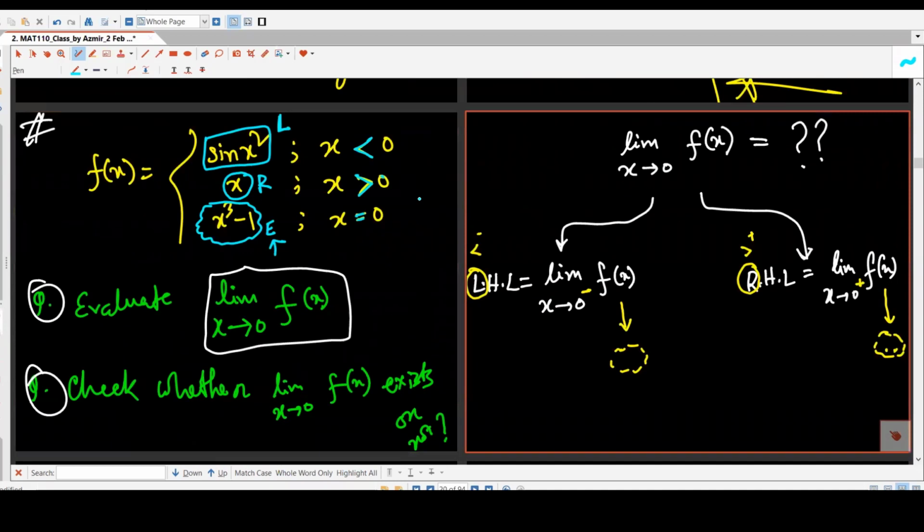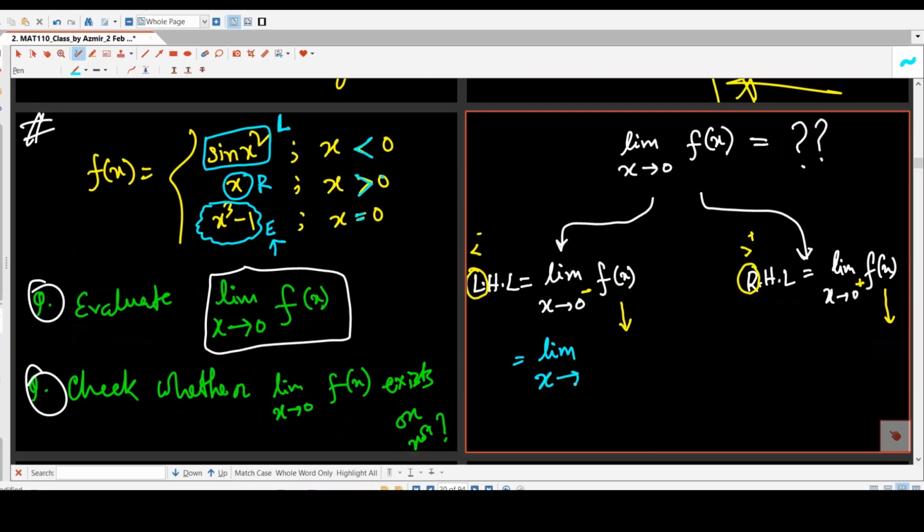But for this problem, we don't need it. We just need L and R. So we have figured out which function is L and which is R. That is the main condition we have to check first.